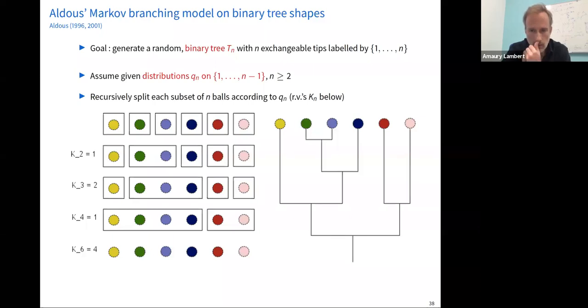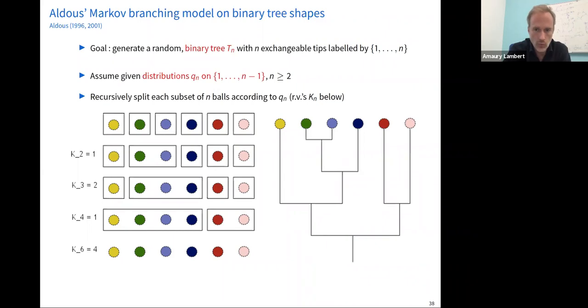Okay, so what's the model that he proposed? He assumed that we are given distributions Qn on 1 to n minus 1. And we are given n balls which are colored and actually labeled by 1 to n. So you start from the bottom of the picture. You have these 6 colored balls.